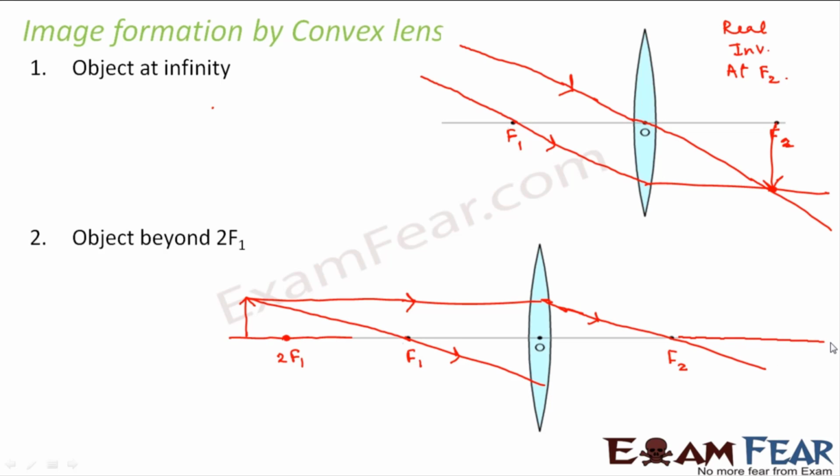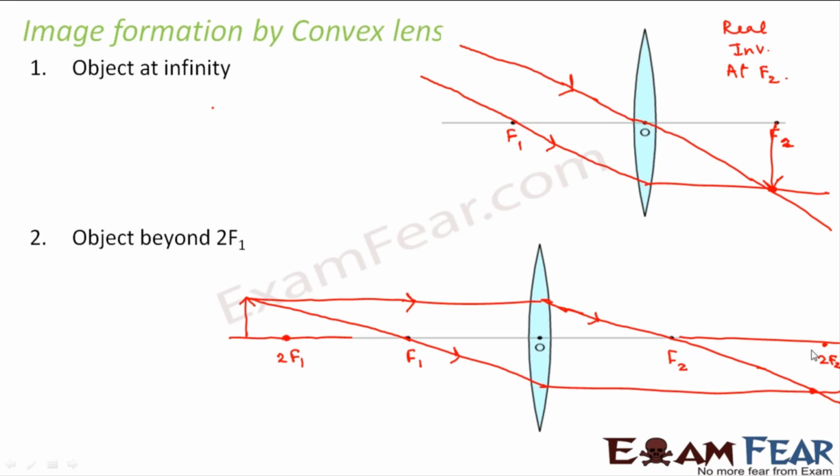Let me extend the principal axis and this line as well. It will go parallel to the principal axis, somewhat like this, and you form an image somewhere around here. Let us say this is F2, this is 2F2.